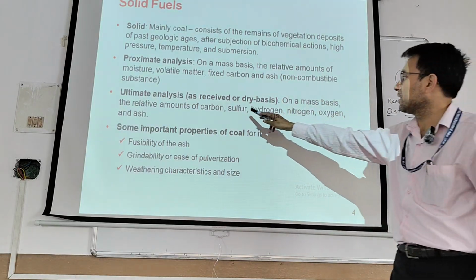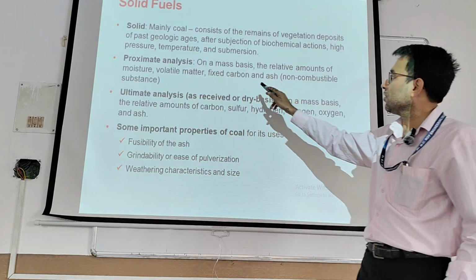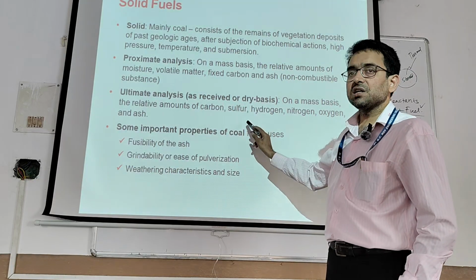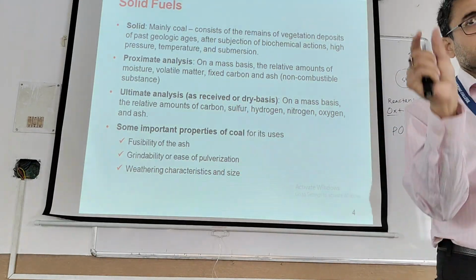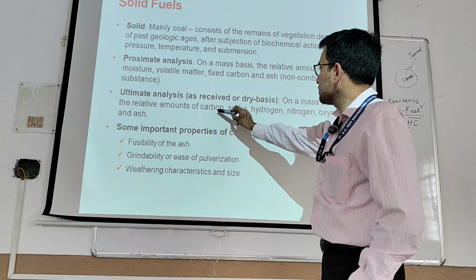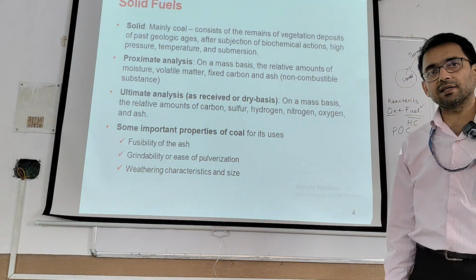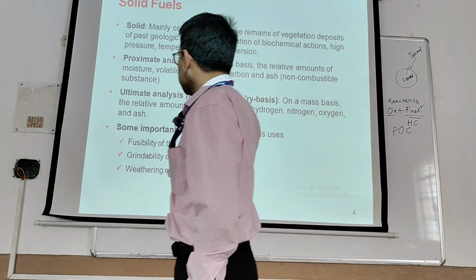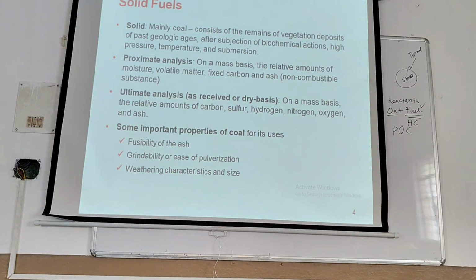Here in proximate analysis you see only fixed carbon, but here you analyze exactly what the constituents of the fuel are. Here we do not consider the moisture. So, proximate analysis and ultimate analysis in brief.